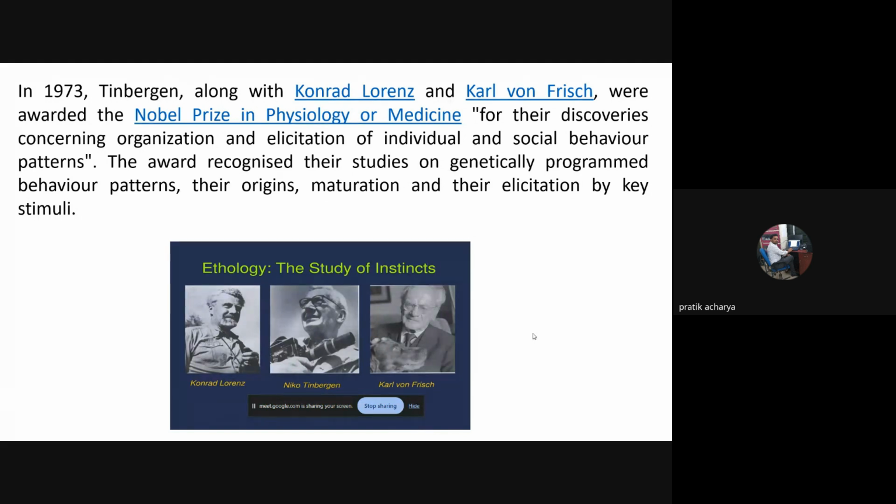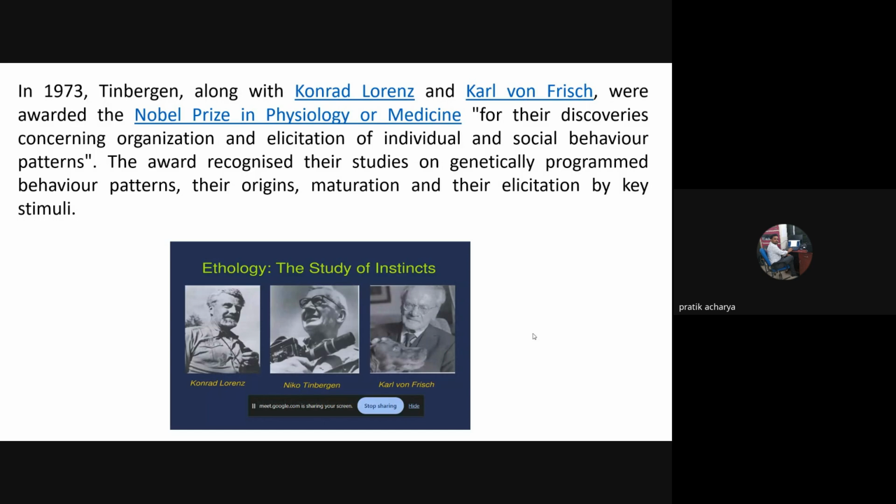Basically, their research was on different kinds of animals and their behavior. Their contribution was tremendous towards animal behavior, and that's why they got the Nobel Prize in 1973. So this is all about different scientists and their contribution towards animal behavior.